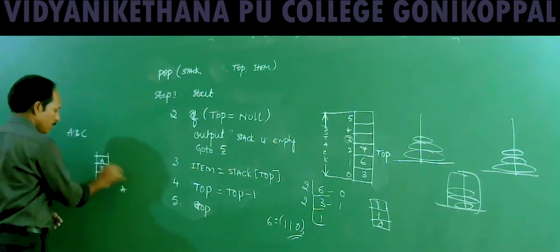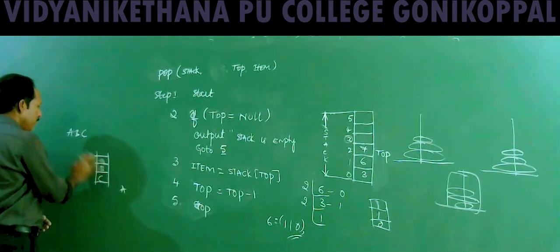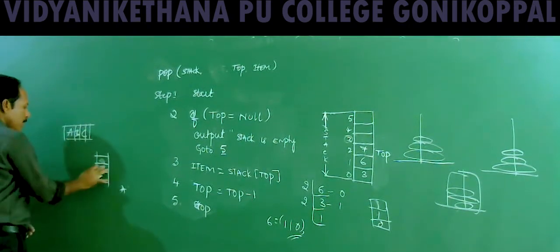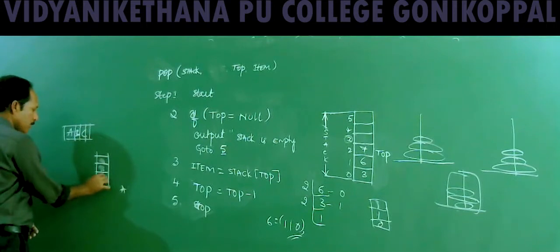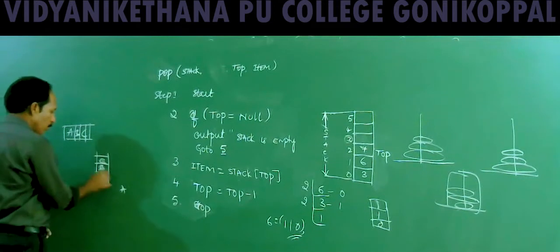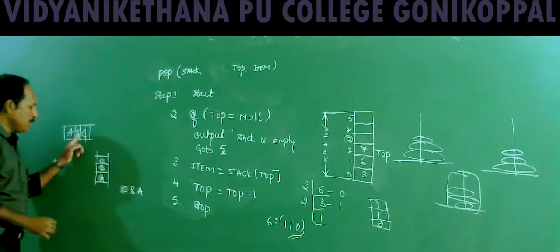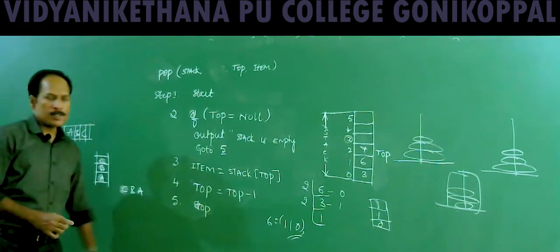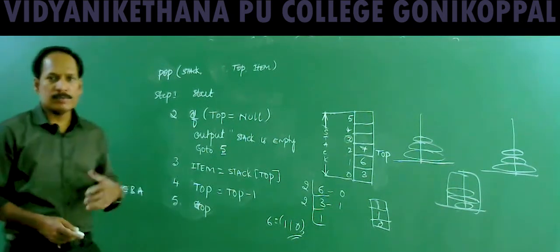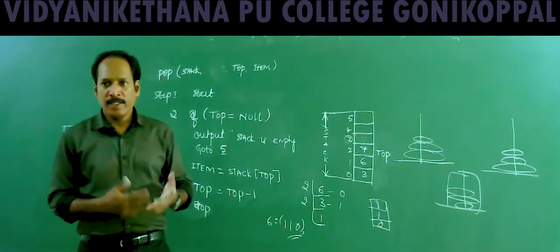So if it's an array, first A will be pushed into the stack, then B is pushed, then C, then pop one by one, that is C, B, A. So A, B, C becomes C, B, A. This is how we can use a stack for reversing a word. The most common use of stack is to reverse a word, and stacks are also used for the undo mechanism.